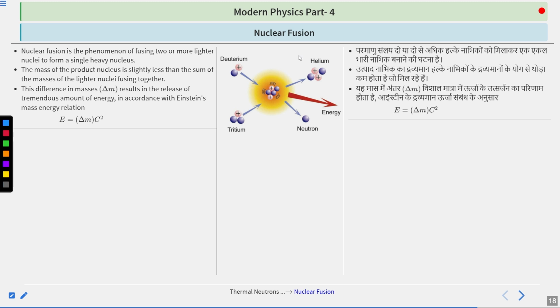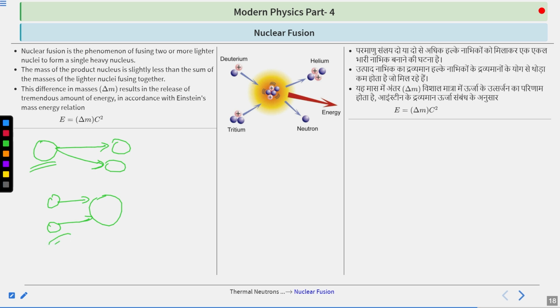So we could say that nuclear fusion is the reverse of nuclear fission. In nuclear fission, we were breaking down the heavy nucleus into lighter nuclei, whereas in nuclear fusion, we are combining the lighter nuclei into a heavy nucleus.